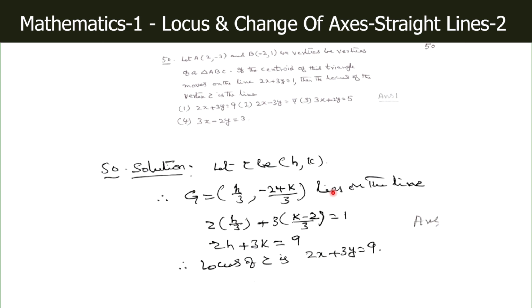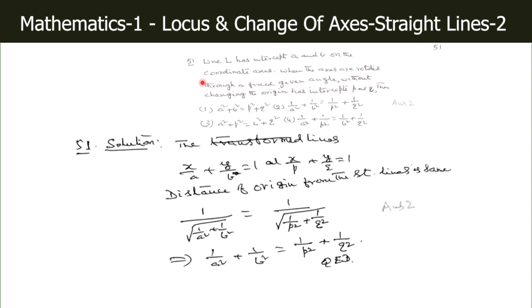This lies on the line 2x plus 3y is equal to 1, that means 2 into h by 3 plus 3 into (k minus 2) by 3 is equal to 1, which is 2h plus 3k is equal to 9. Therefore, the locus of C is 2x plus 3y is equal to 9, which is option number 1.